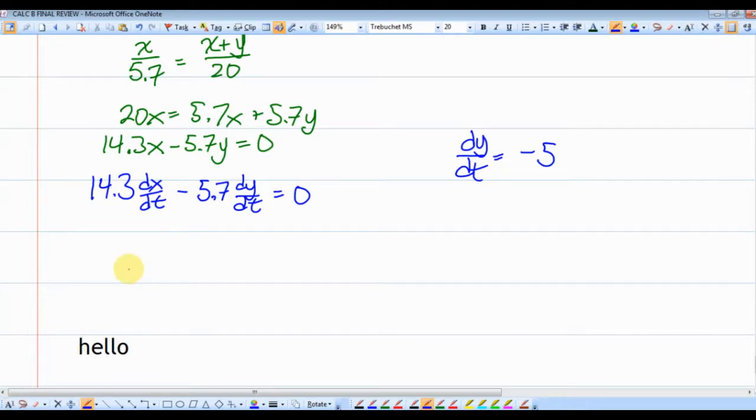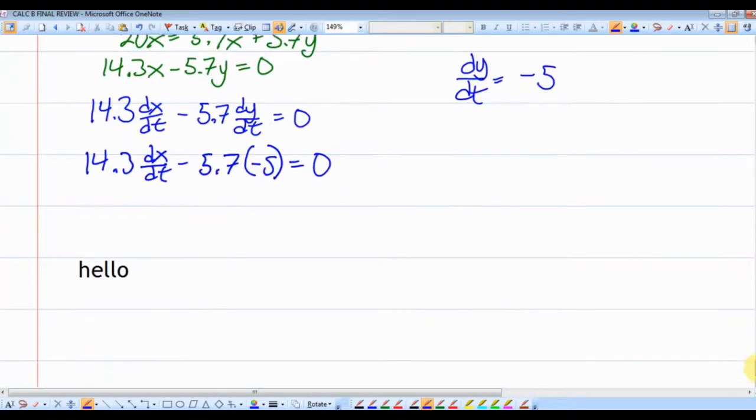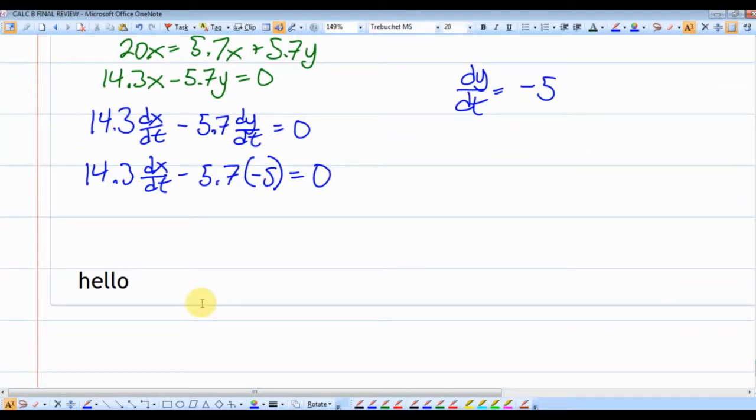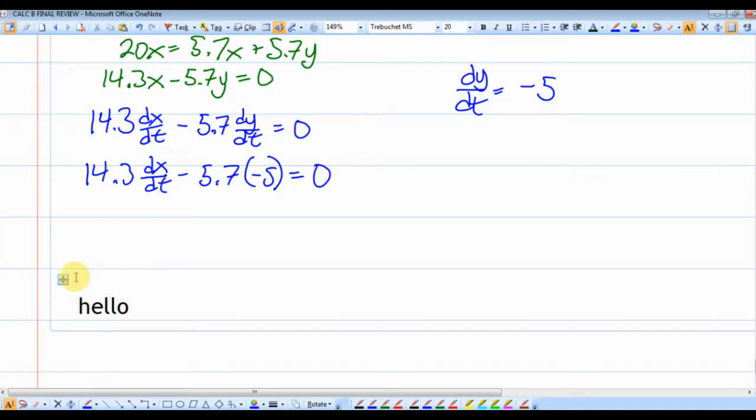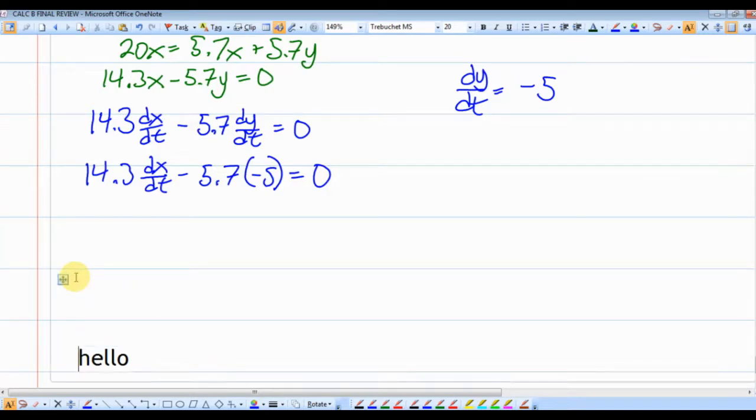We get 14.3 dx/dt minus 5.7 times negative 5 equals 0.